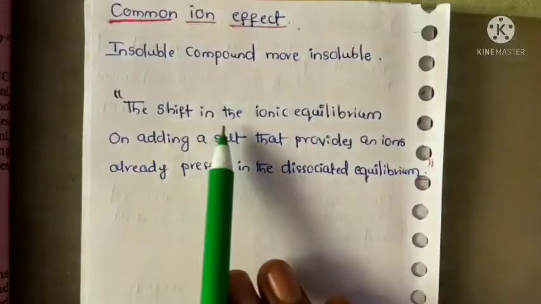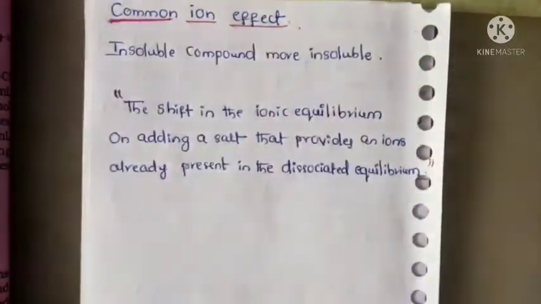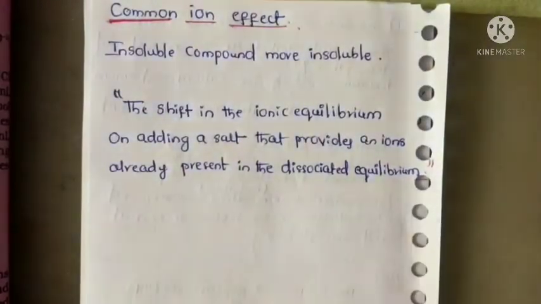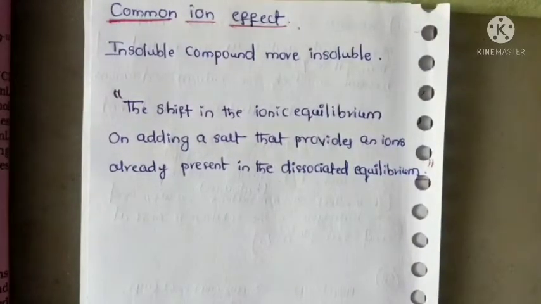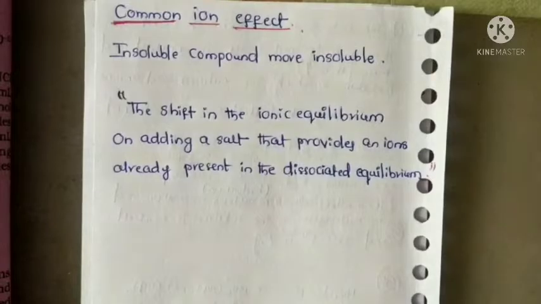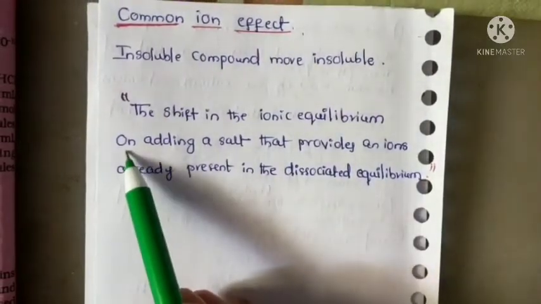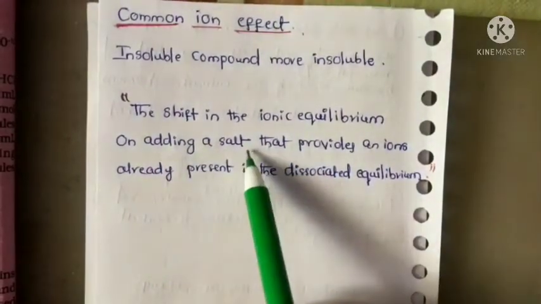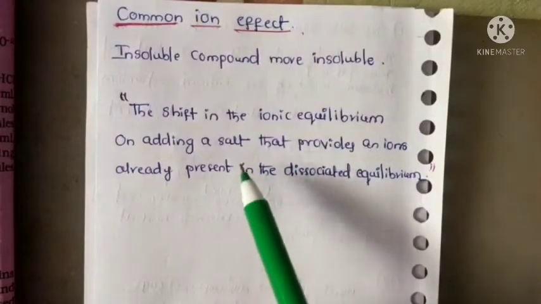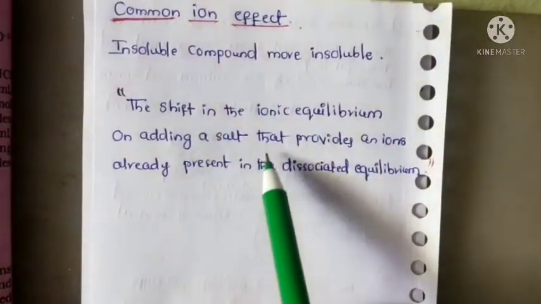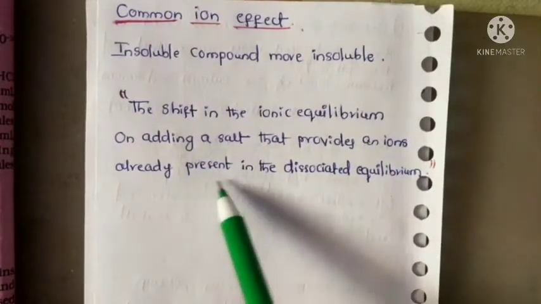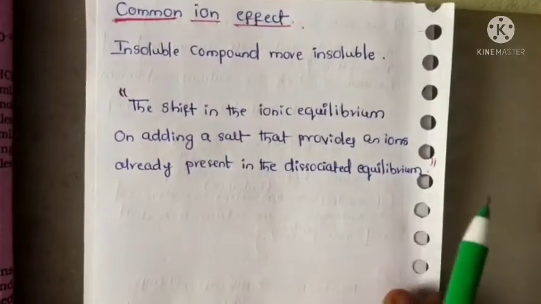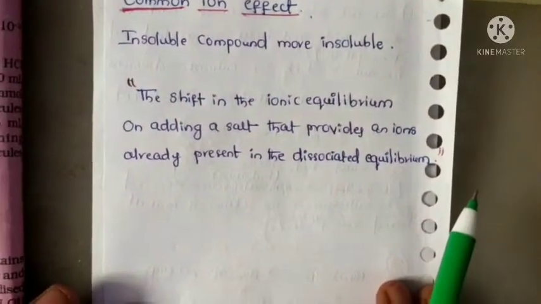The shift in the ionic equilibrium, either left side shift or right side shift depending upon the circumstance, on adding a salt that provides an ion already present in the dissociated equilibrium. Okay, so I will explain.